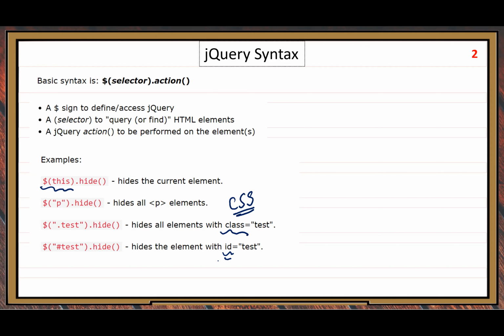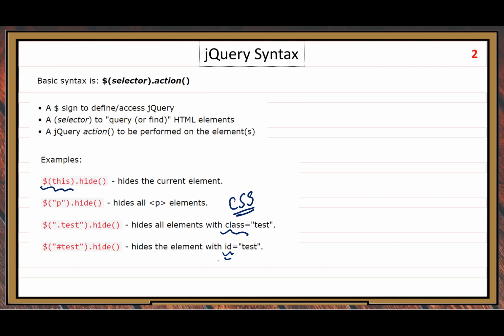ID must be unique. For your whole HTML document, only one element can take the same ID name. This one has the uniqueness property. Most of the time we use this way to do selector because we only want to control one element, not multiple elements.